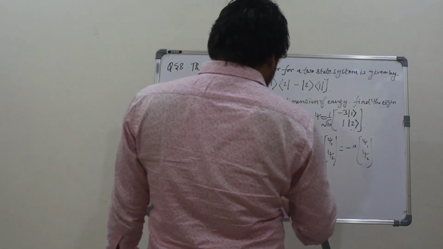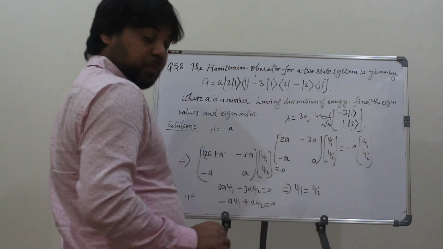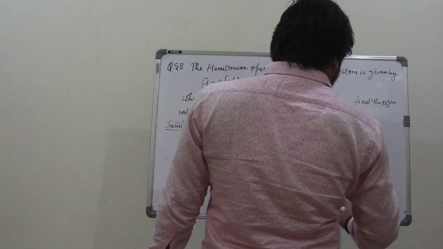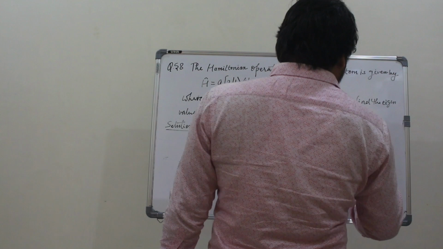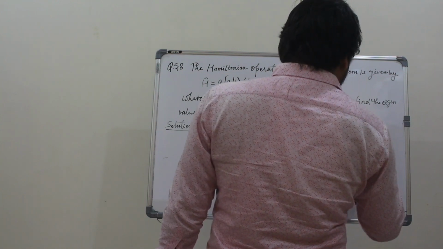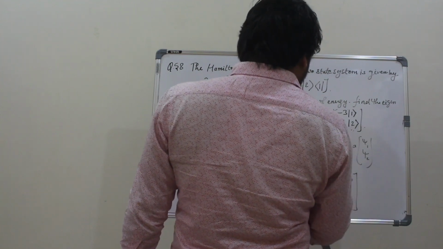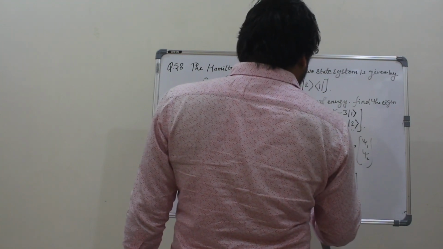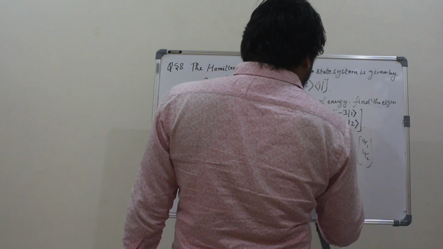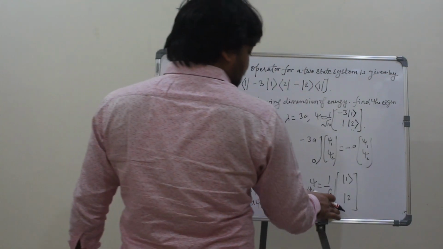It means that psi 1 equals psi 2 in this case, right? The wave function will in this case be nothing but 1 and 1, normalized by 1 by root 2. So psi is nothing but 1 by root 2, 1 and 1.